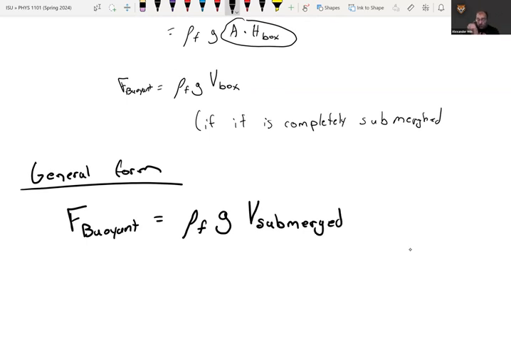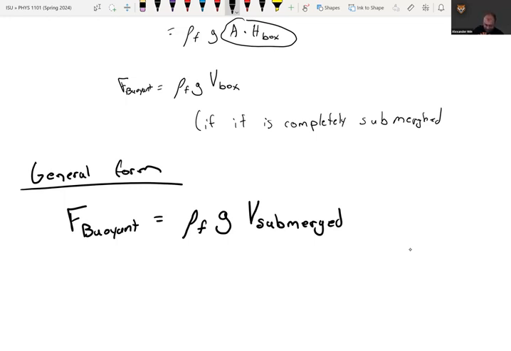This works for floating objects. It works for sinking objects as well. So it works for any object that is submerged in the water. That is something worth keeping in mind.